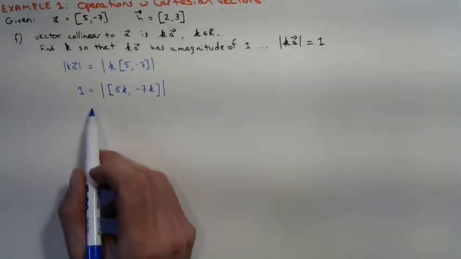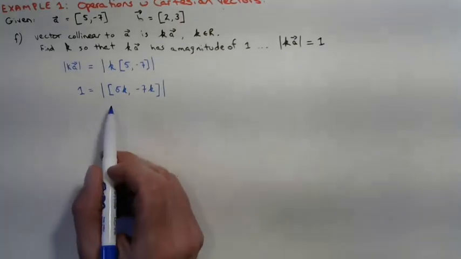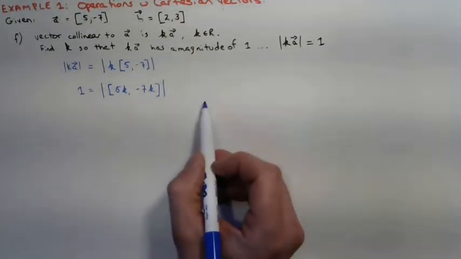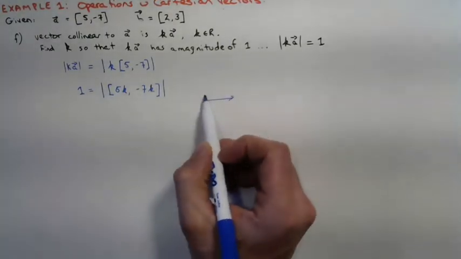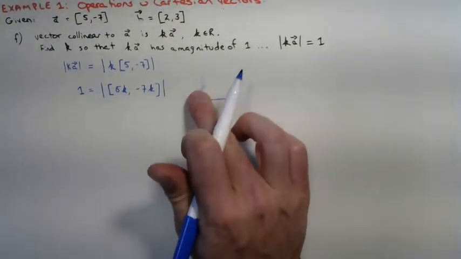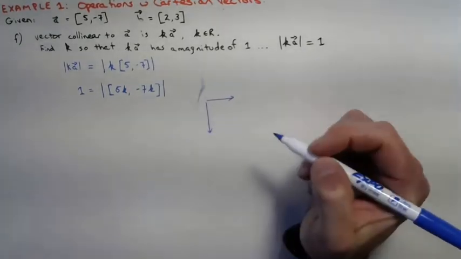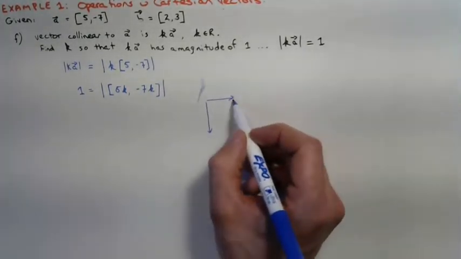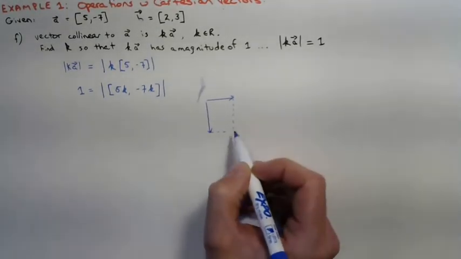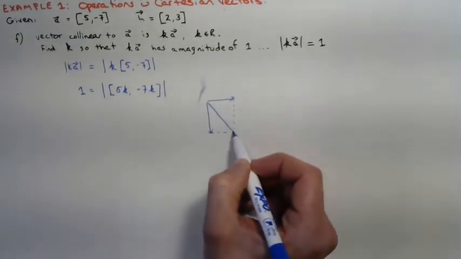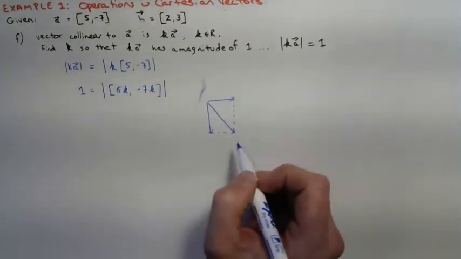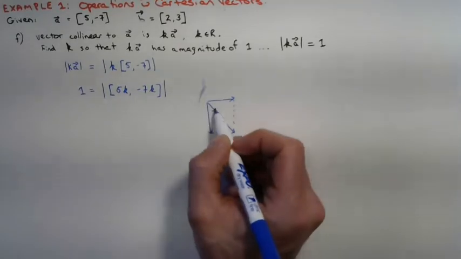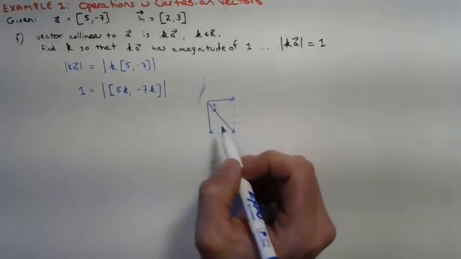Okay? So now we're thinking, how do I make this true? How do I determine what the magnitude of this is? Remember, you have its horizontal component and its vertical component. In this case, the vertical component is downward. But basically, what we are trying to find is the length of this right here. And then we're going to find k that's going to scale it down to have a unit length, a length of 1 unit.